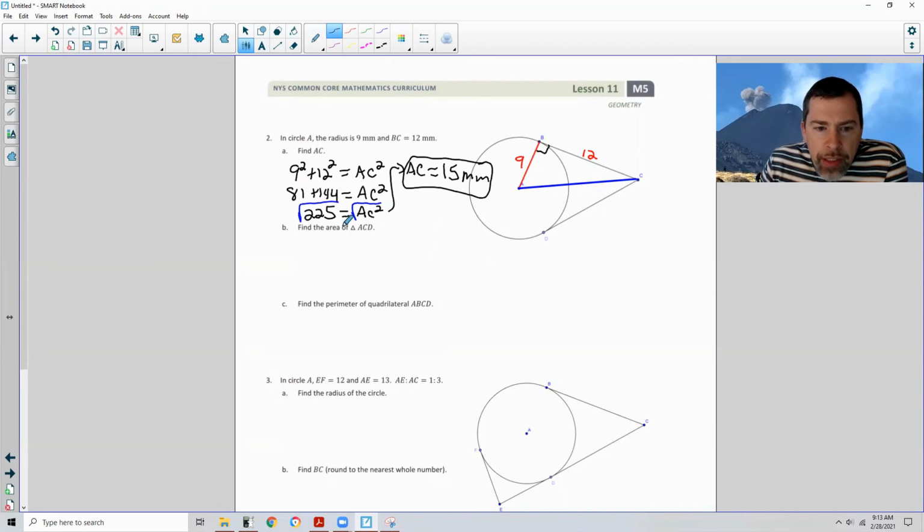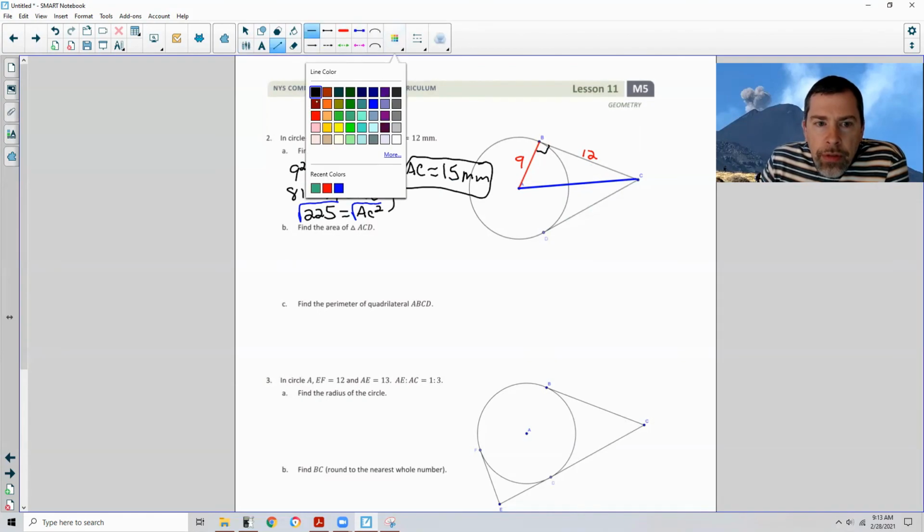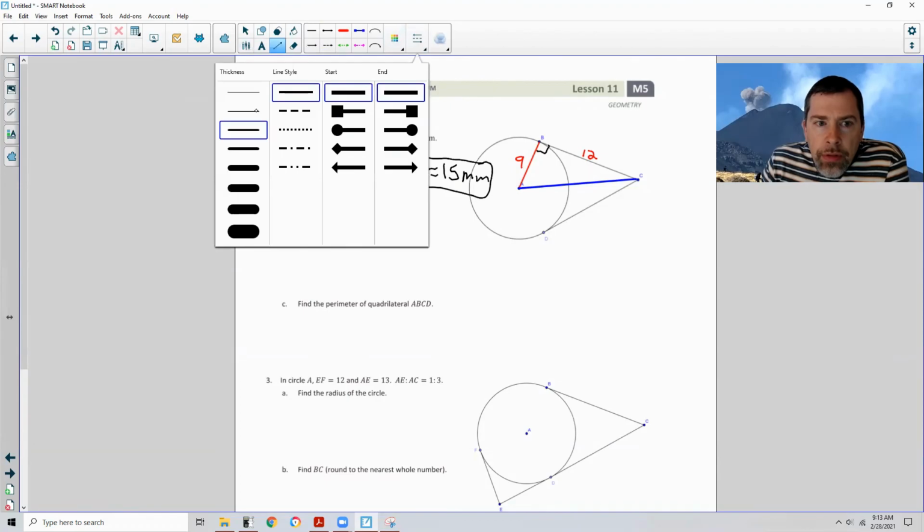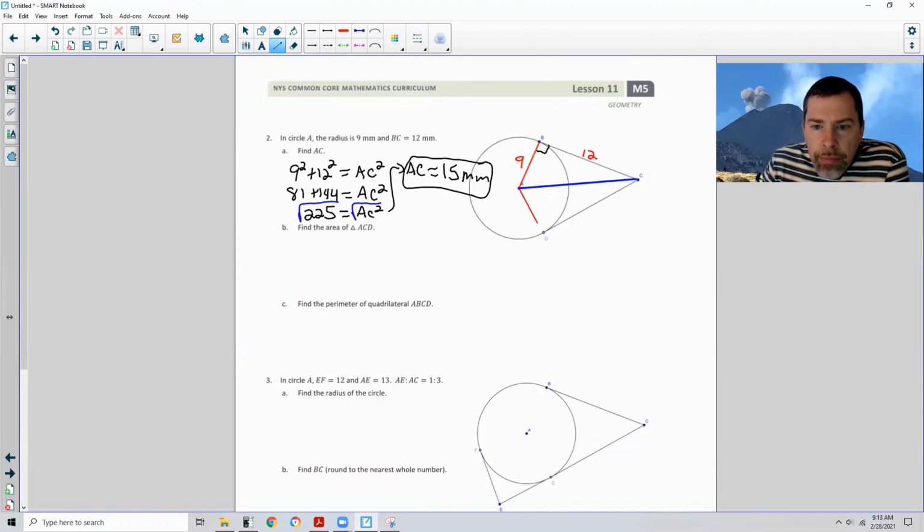Okay, B says to find the area of triangle ACD. All right, so triangle ACD is right here. And from our prior proof, this is equal to this.